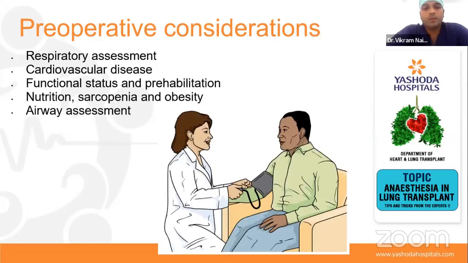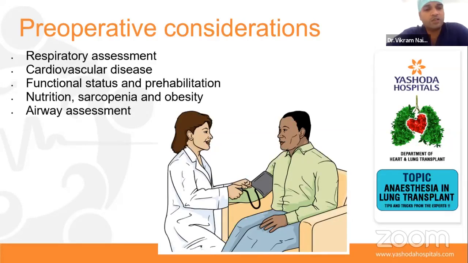So, preoperative considerations in a patient who is posted for lung transplant include the respiratory assessment of the patient, like determining the type of the lung disease, whether it is an obstructive lung disease, a restrictive lung disease, or a patient with primary pulmonary hypertension, and a complete assessment of cardiovascular disease, which might include ischemic heart disease and pulmonary hypertension and other issues like RV dysfunction and progression of TR.